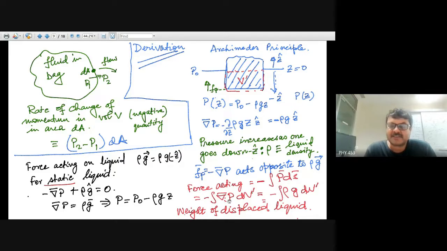So basically, as I said, this is the integral of grad P over dV, and this quantity is minus rho g, because we showed it here, over dV dash. And if you integrate over the entire volume, that is nothing but the weight of the displaced liquid. So the rest of the liquid is giving a force equal to the weight of the displaced liquid, which is essentially Archimedes' principle, right?